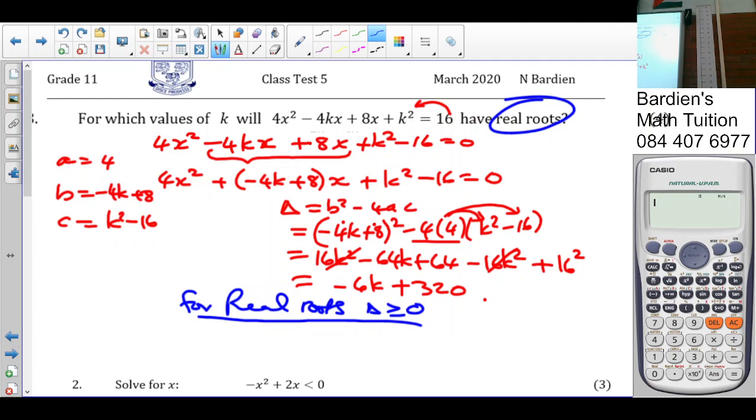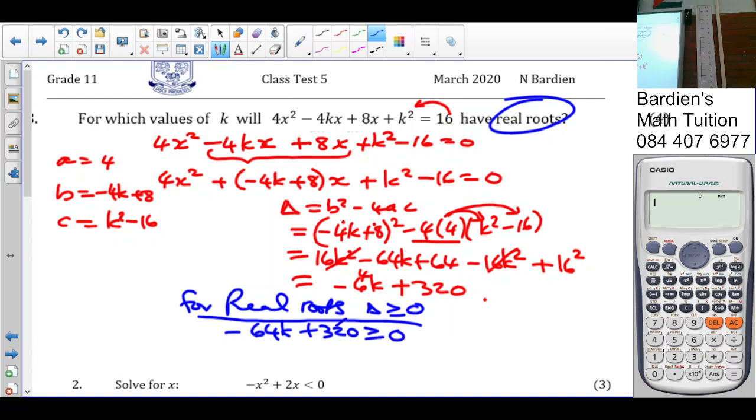Sorry? Yeah? 64. Okay, yes, you are absolutely correct. Thank you. So for real roots, delta has to be greater than or equal to 0. What is delta? Negative 64k plus 320 is greater than or equal to 0.